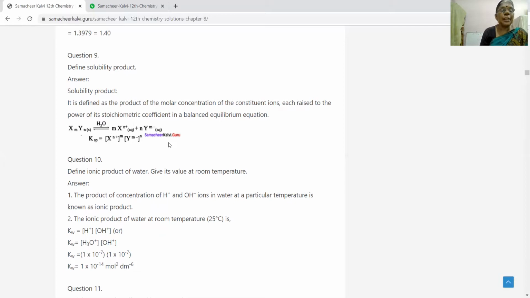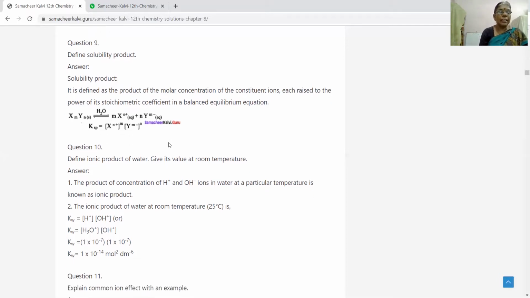The solubility product is written as Ksp. So Ksp is equal to the concentration of X n plus, the whole power m, into the concentration of Y m minus, the whole power n.